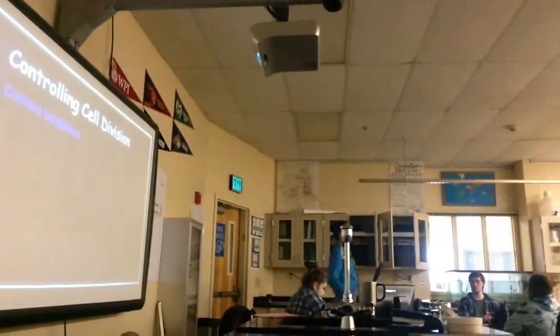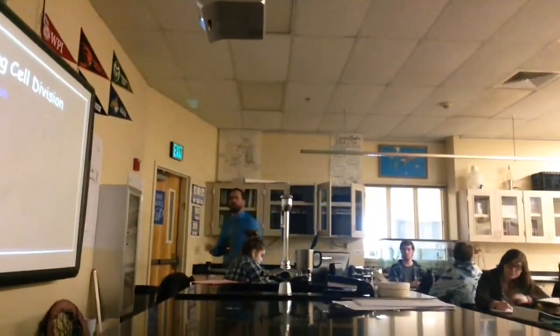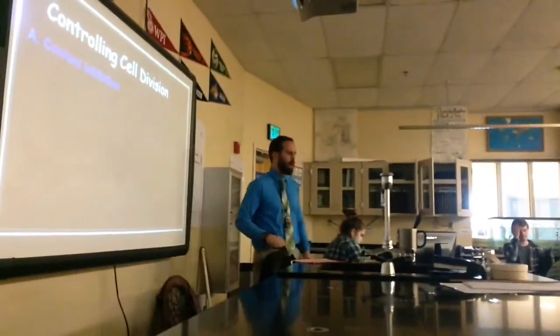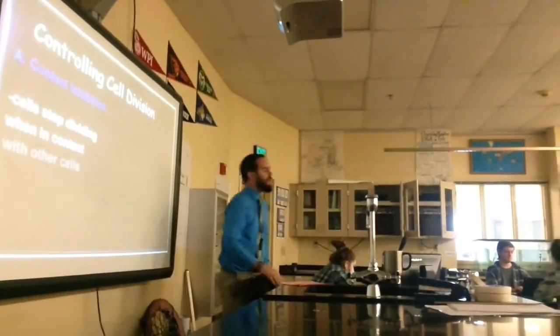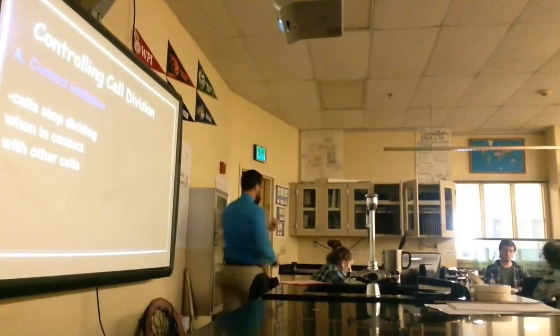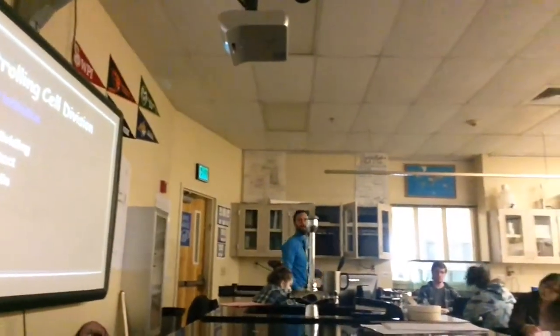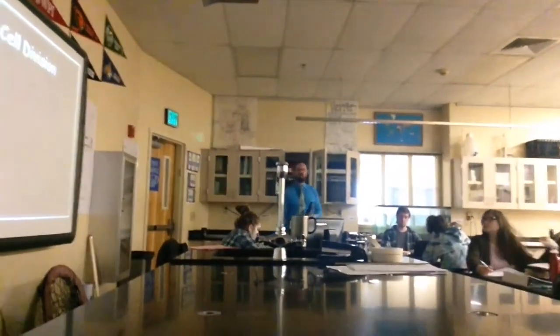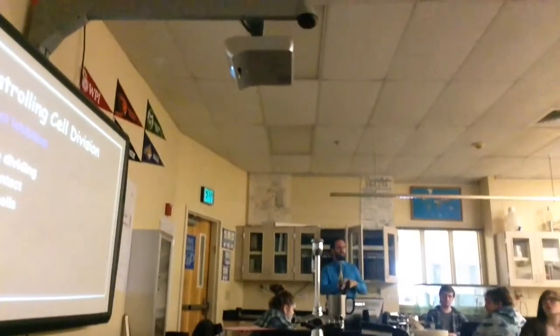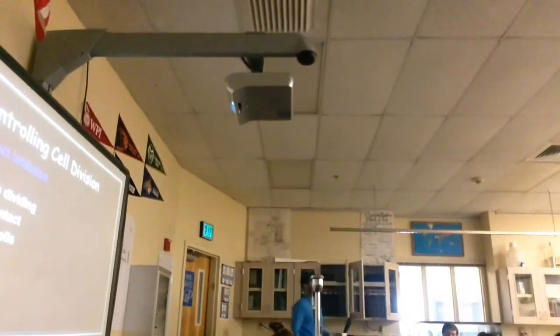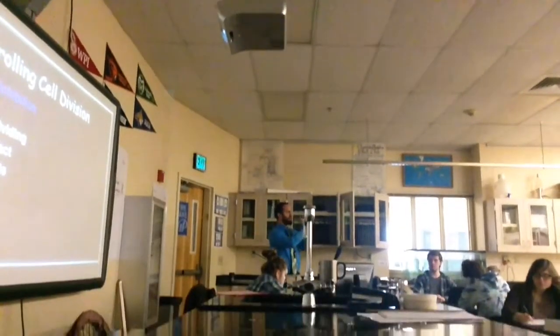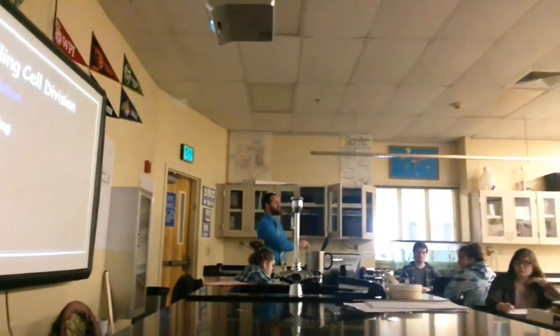Contact inhibition is one way that cells recognize that they no longer need to divide. In short, an easy example is your skin cells. When they come in contact with each other, they recognize that they're touching another skin cell and no longer need to divide. As you cut yourself, you make a gap between your skin cells.